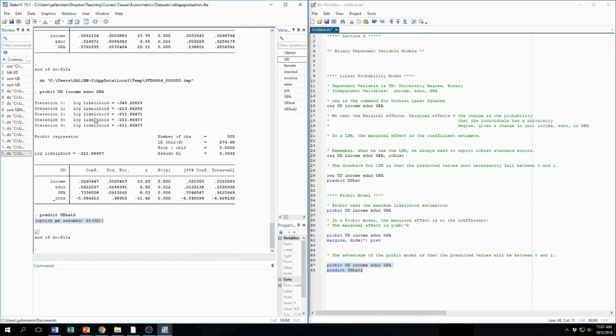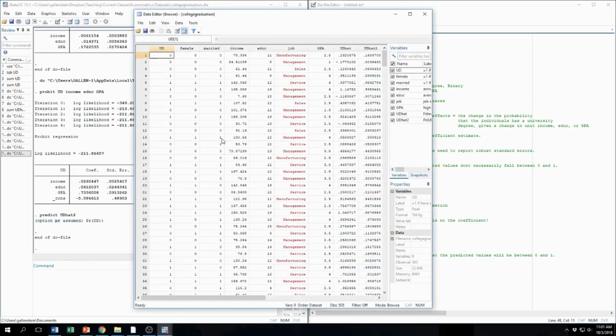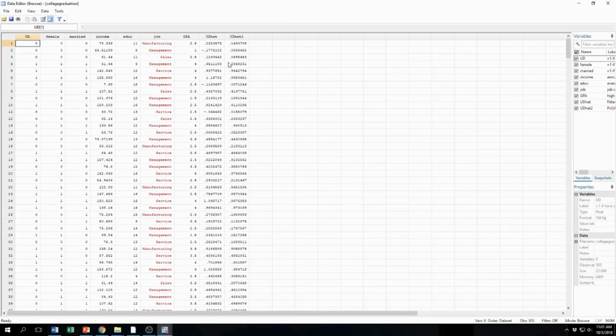So here we go. I generated it. Now let's open up our data set and take a look. UD hat is the predicted value from the linear probability model, and UD hat 2 is the predicted value from the Probit model. One thing you'll notice is that UD hat 2 never drops below 0.